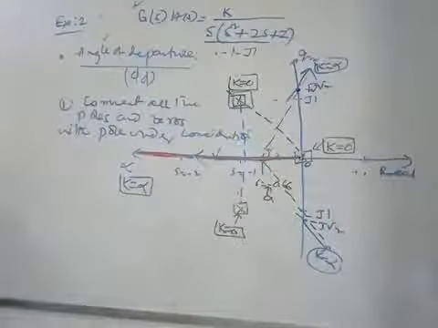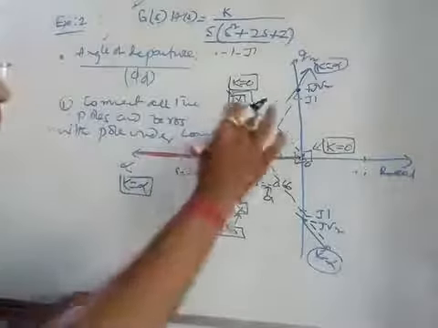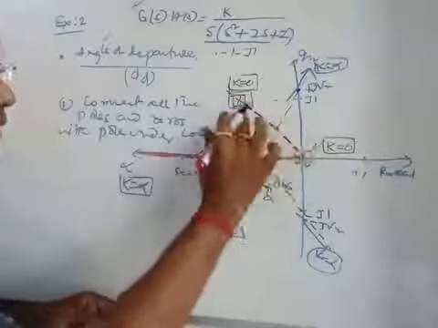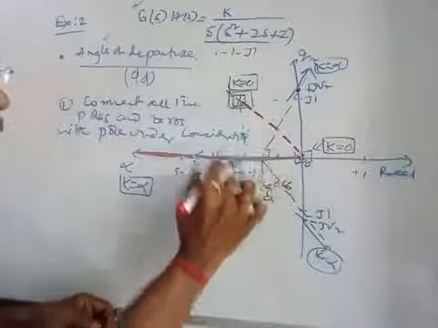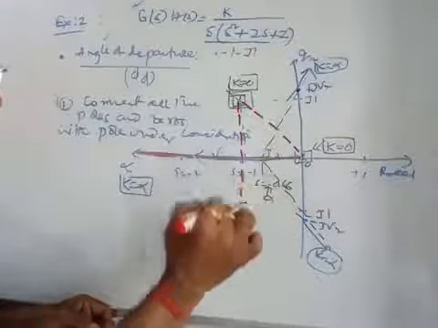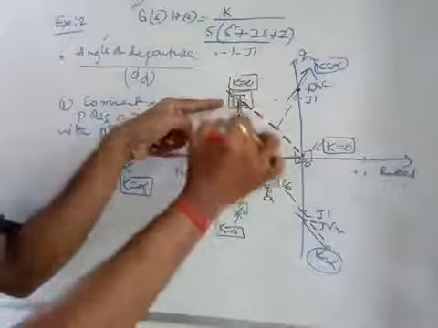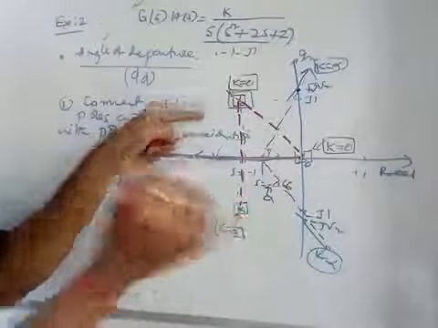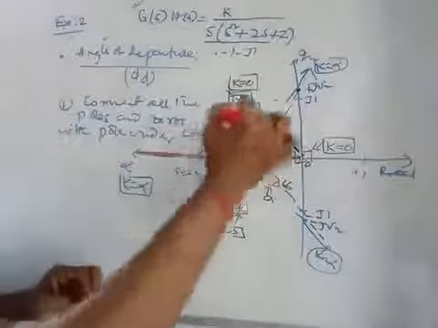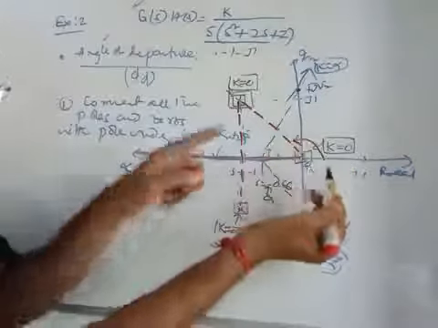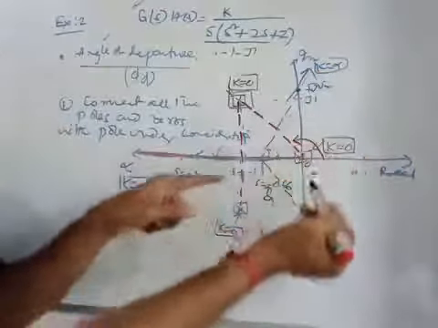Or I may use some other color to understand better. So these are the connections with the other poles. So there are no other poles or zeros. So we have connected these poles with this. We have connected these poles with this, right? So this pole and this pole connection gives you this angle, and this angle is measured in anti-clockwise direction, right?